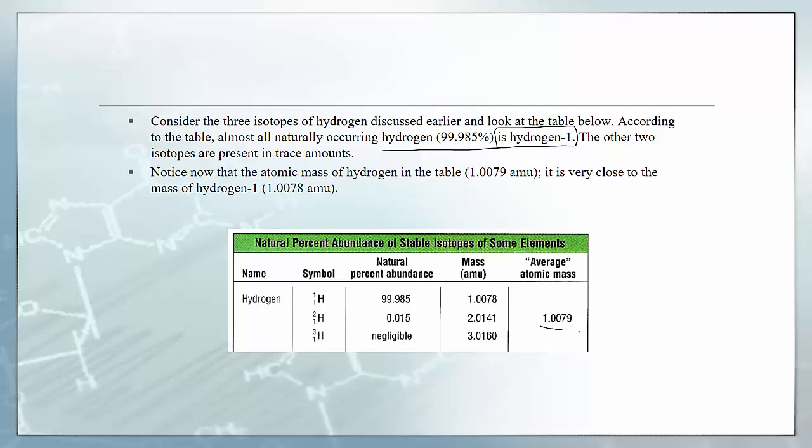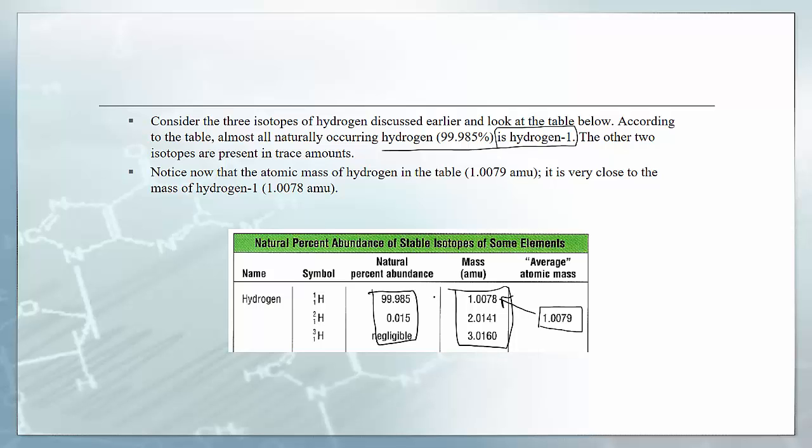It is very, very close to this one because that's the one that's most abundant. So in order to figure out how to get that number, we have to look at the natural percentage abundances, the mass in AMUs of each isotope, and then we have to do some multiplying.